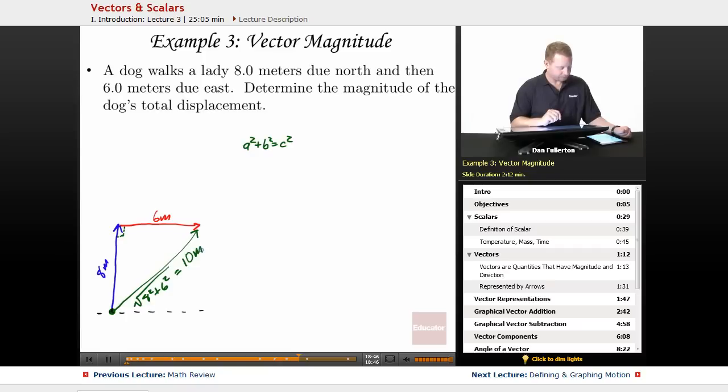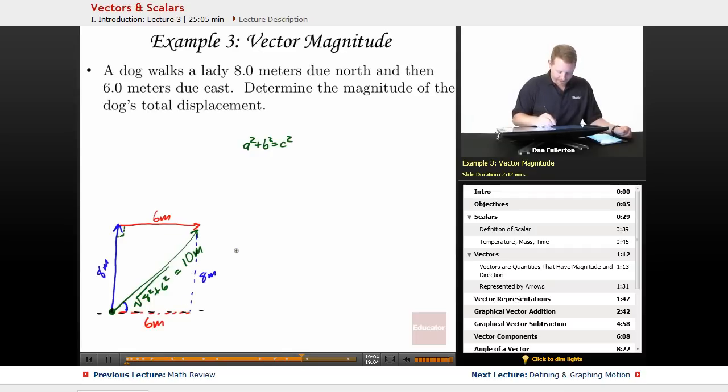meters. And say we wanted to know what this angle is. If we wanted to know that, we could take a look and say, the x component of that green vector is going to be 6 meters. The y component must be 8 meters.